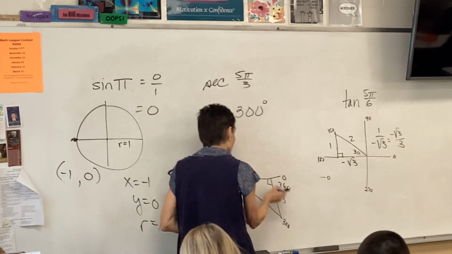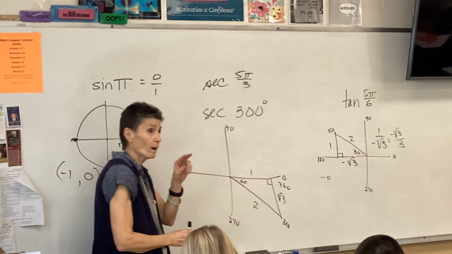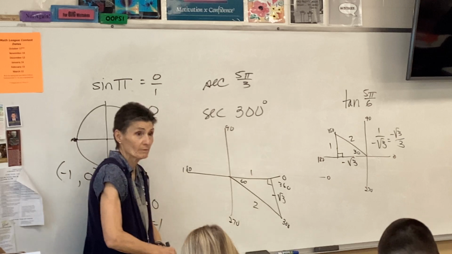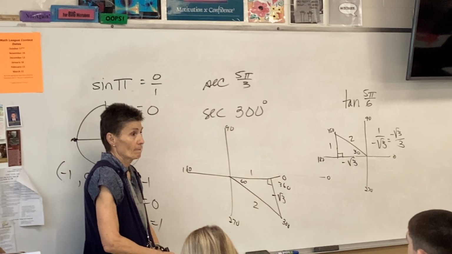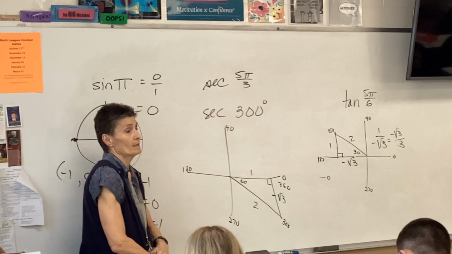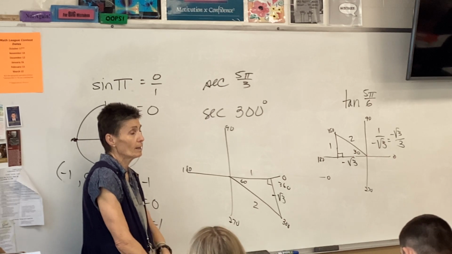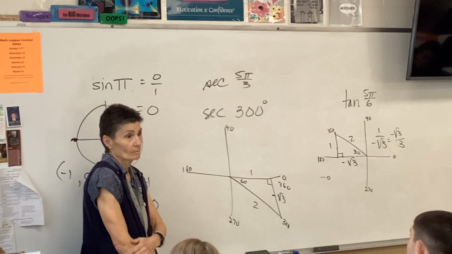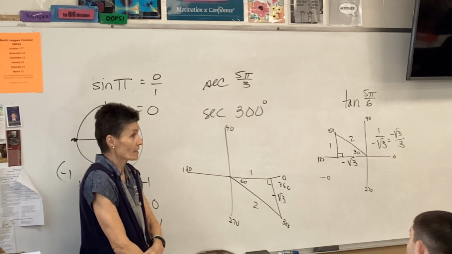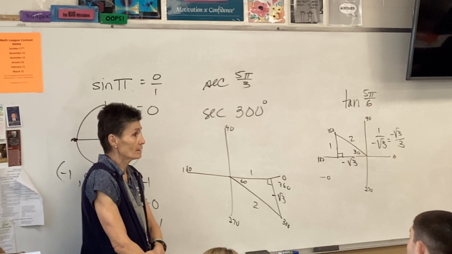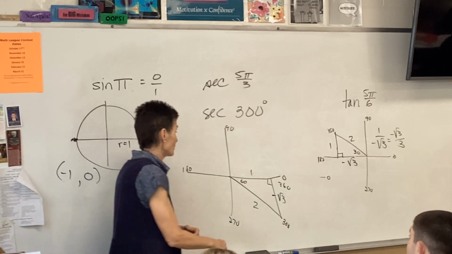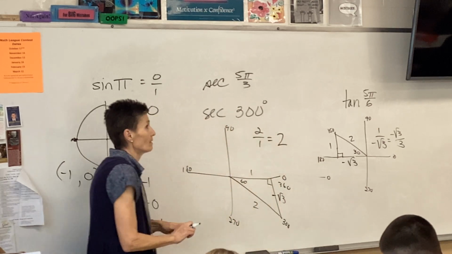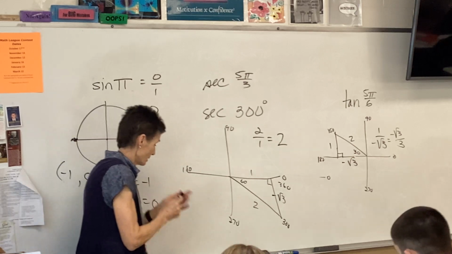So root 3, 1 and 2 like that. But I'm in quadrant 4, which means the root 3 is negative. I want secant, which is reciprocal of cosine. And cosine is adjacent over hypotenuse. So this is going to be hypotenuse over adjacent. So the secant of 5 pi over 3 is 2.